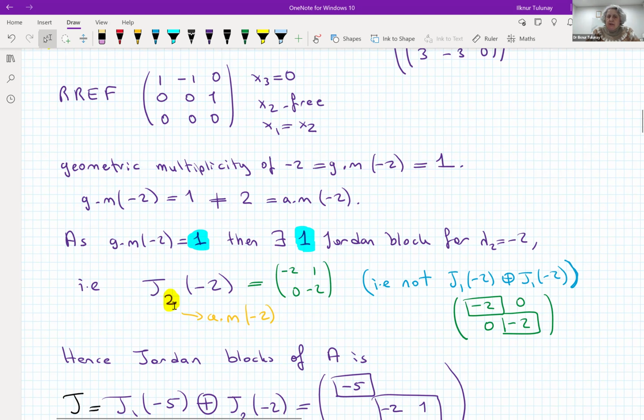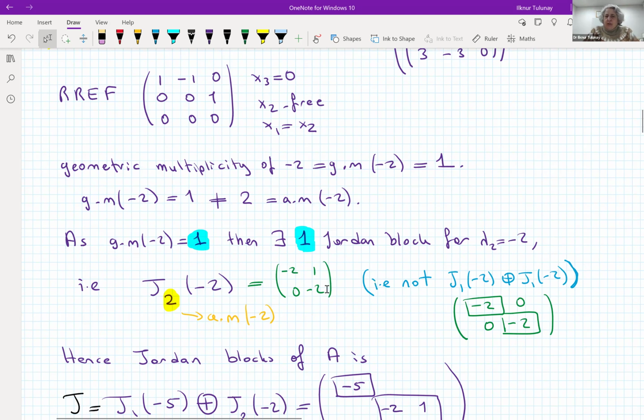This 2 represents the size of the Jordan block. This represents the eigenvalue. So the Jordan block of size 2 with eigenvalue -2 has -2 on the diagonal and 1 above it. If it's 2 by 2, we put 1 here and the eigenvalue here, which means that these are not separable. We cannot diagonalize that part.